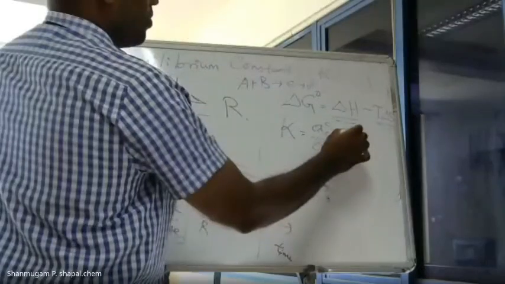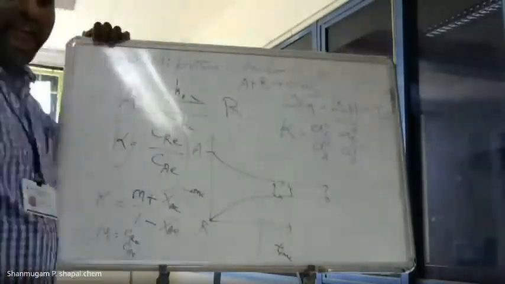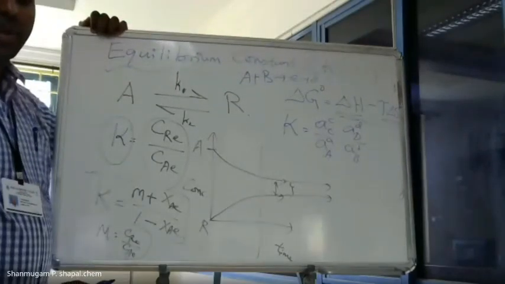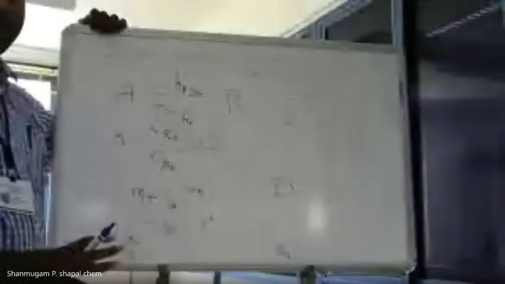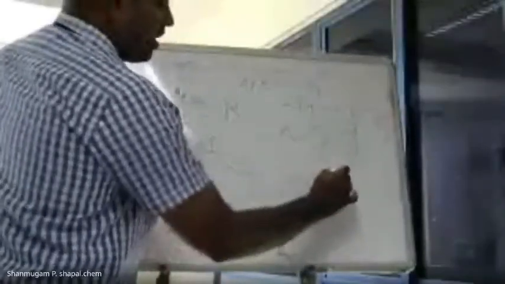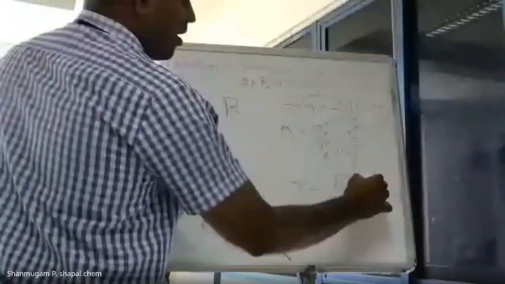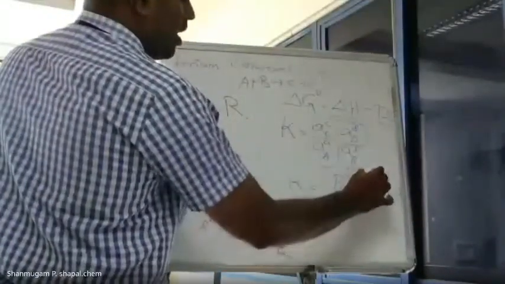So the activity is nothing but the fugacity or the partial pressure. So we can also write here that K can be represented in terms of the partial pressure of the particular component, K of Cc, d d.